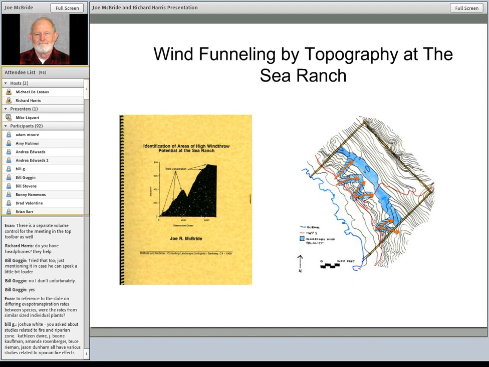And those arrows indicate areas of high wind velocity as a result of wind funneling. And the upper end of those little canyons were areas where in a very high velocity wind event in 2001, a considerable number of trees were blown down in those areas.